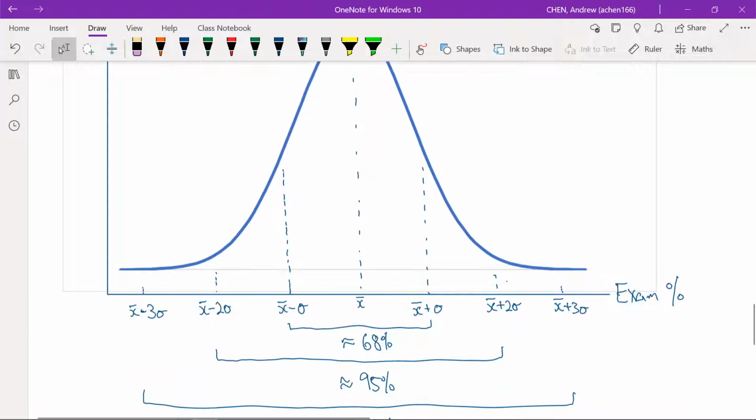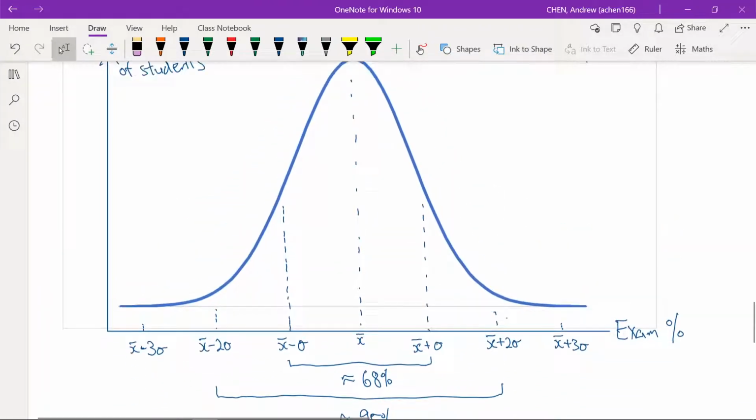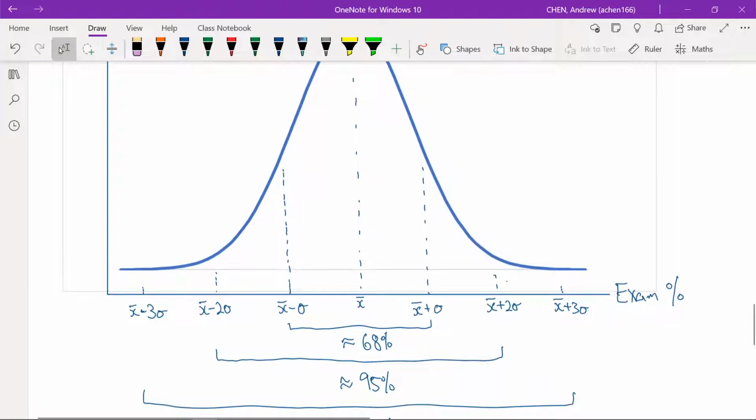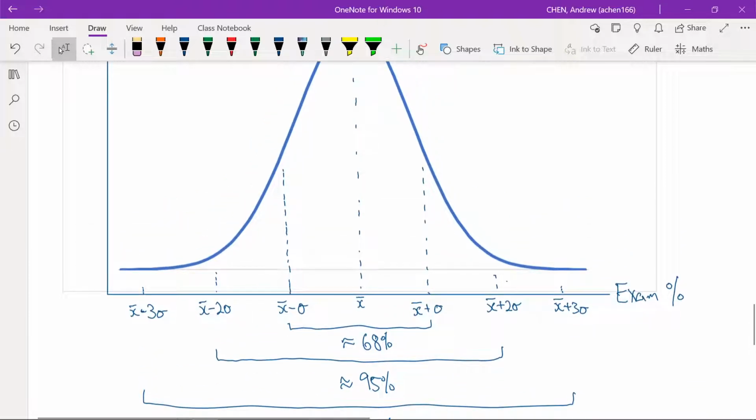We're going to do an example very soon to try to understand this a bit more. Now, if we go two standard deviations away from the mean, that's going to encapsulate around 95% of our data, which is a lot. And then if we go even further, that basically captures all our data.